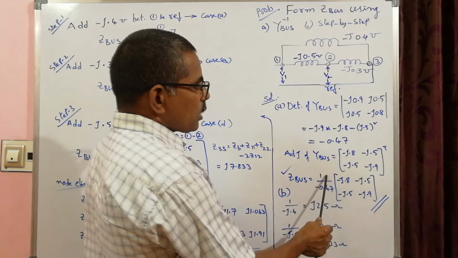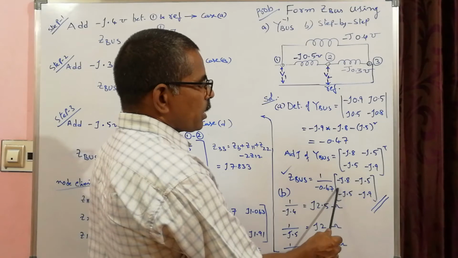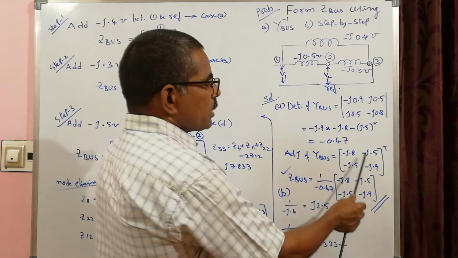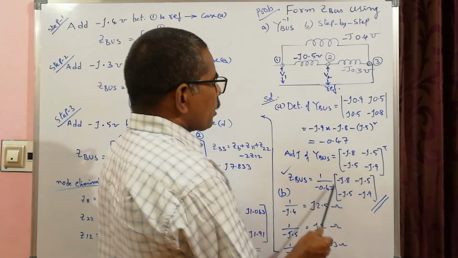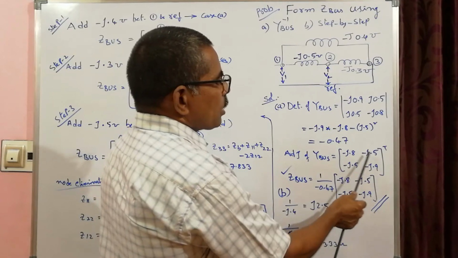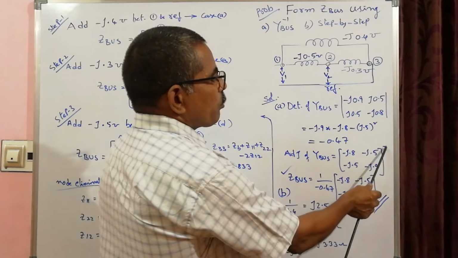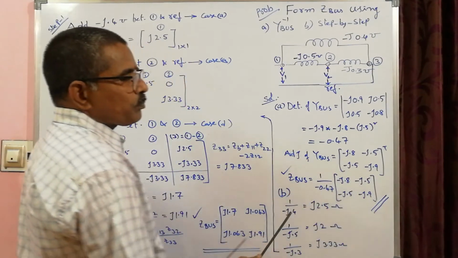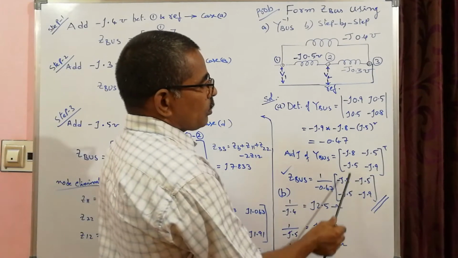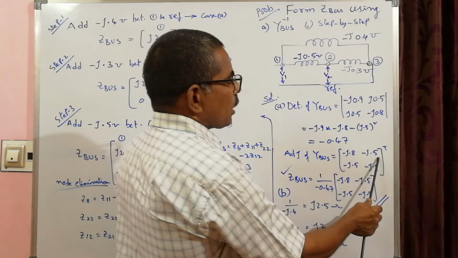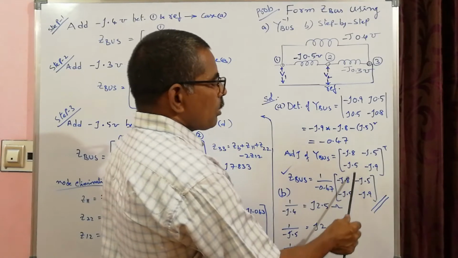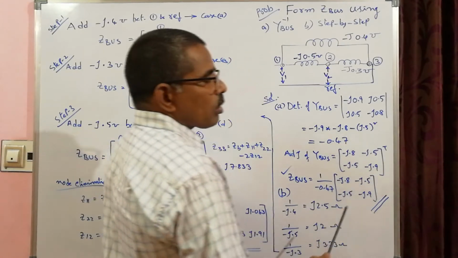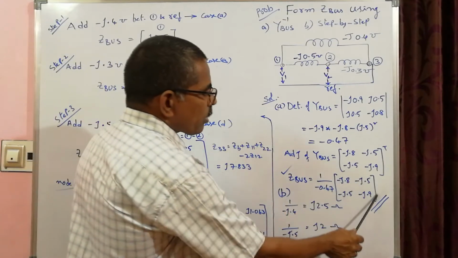So, I am writing that as 1 by determinant into adjoint. Incidentally, here the adjoint of Y bus is going to have the same structure even if you take this transpose, because it is symmetric and also it is 2 by 2. So, this row becomes the first column, this row becomes the second column. So, which is finally Z bus.